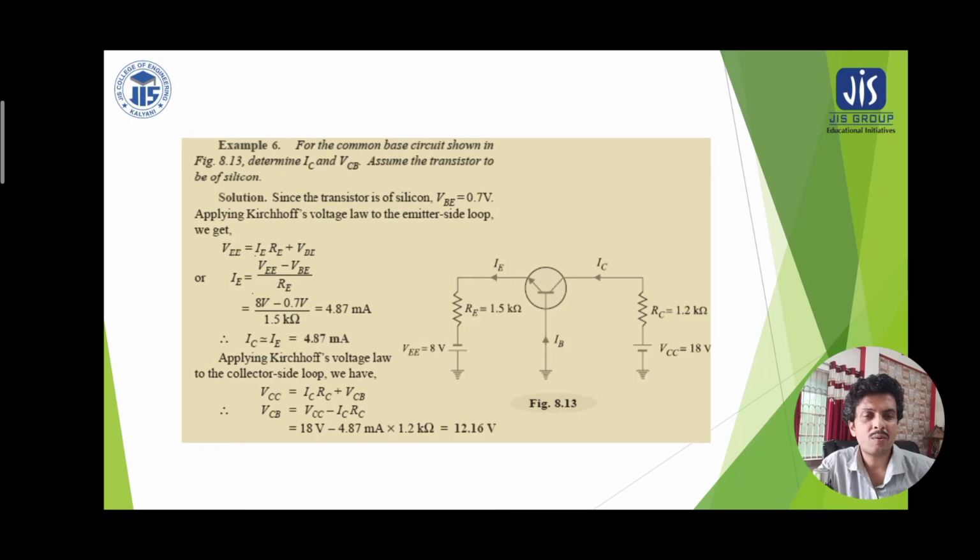So IC is equal to IE, therefore we can ignore the base current here, and therefore the collector current is also 4.87 milliampere. Applying Kirchhoff's voltage law to the collector side loop, we have VCC is equal to ICRC plus VCB. So therefore VCB is equal to VCC minus ICRC, and that is 12.16 volt.